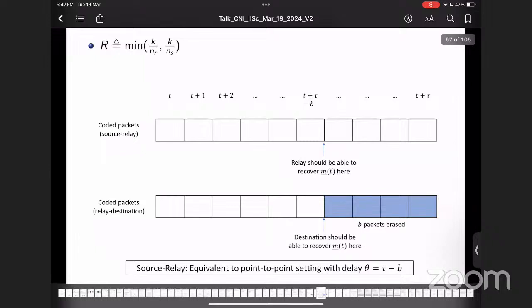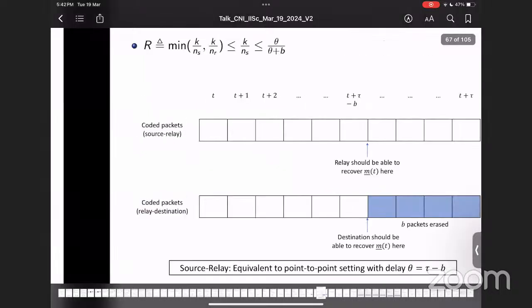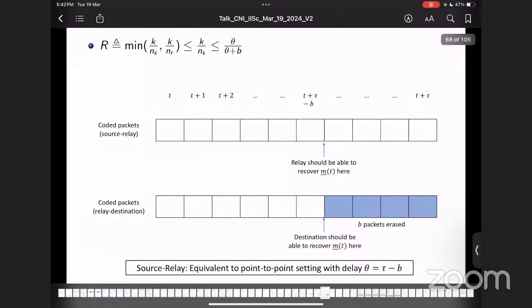Moreover, there could be burst erasures happening in the source to relay link as well. So I can write my rate as min of k over ns comma k over nr, which is less than or equal to k over ns.